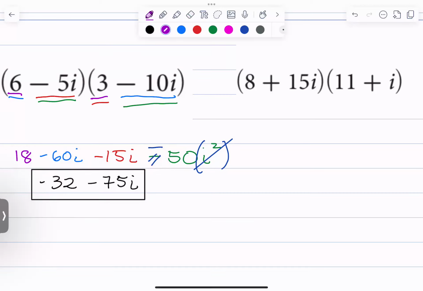Cool. So if I do the same process here, 8 times 11 is 88. 8 times i, positive i, is positive 8i. 15i times 11. Please do not go to your calculator for this.